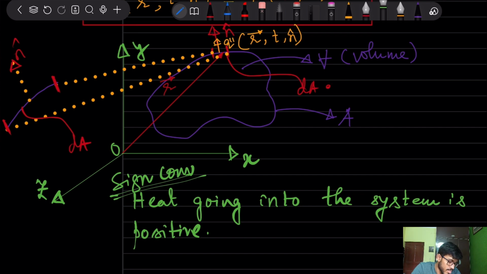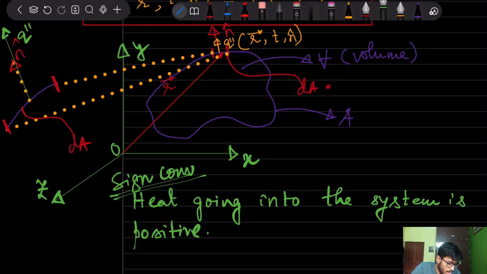Now if my heat flux is going out of the surface like this, that is the heat flux, then it should be negative.